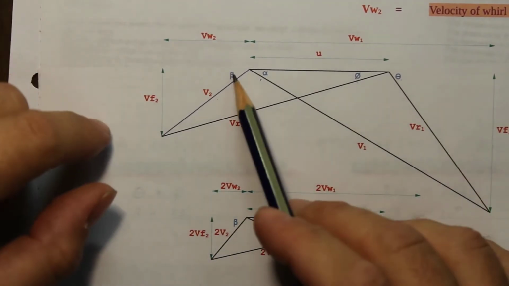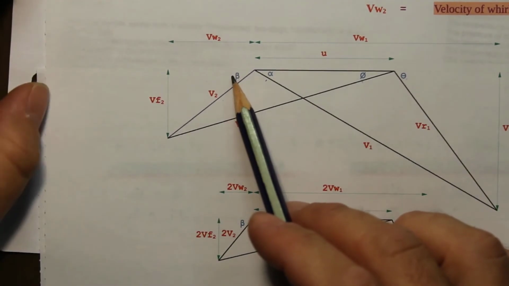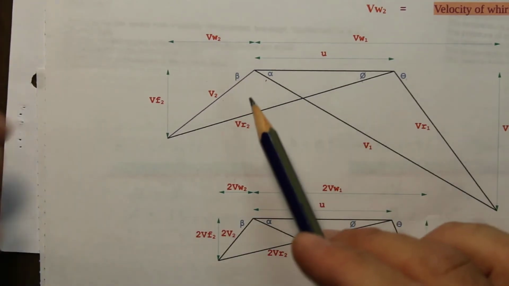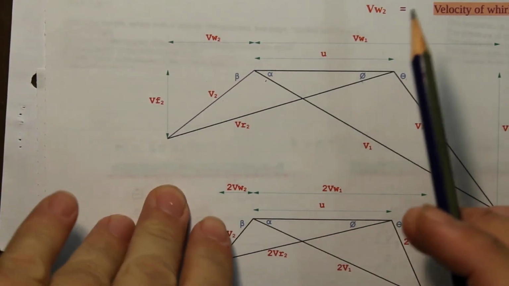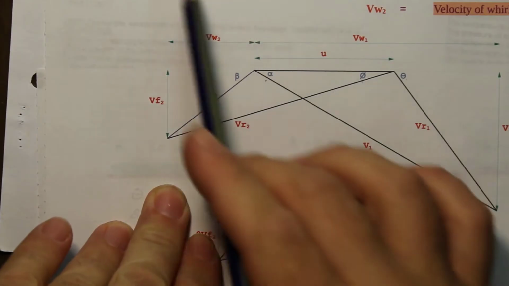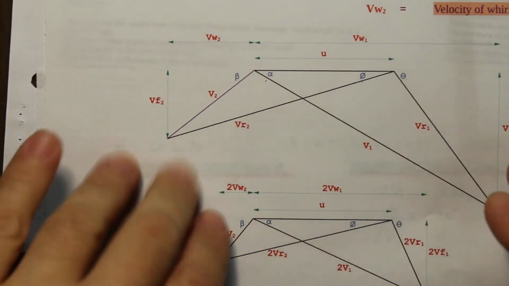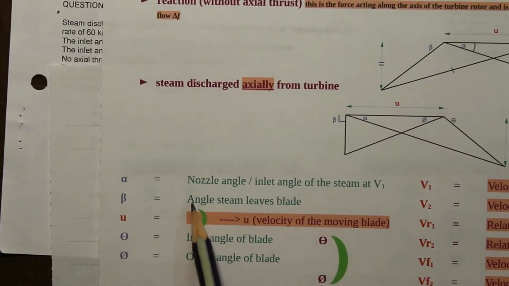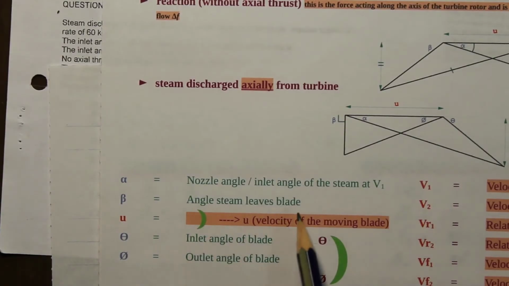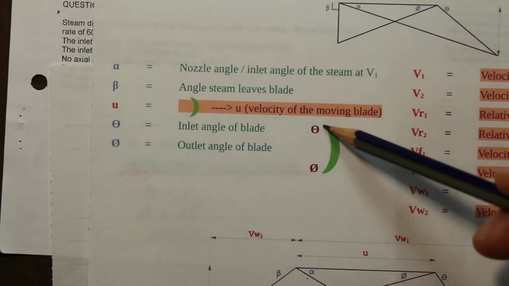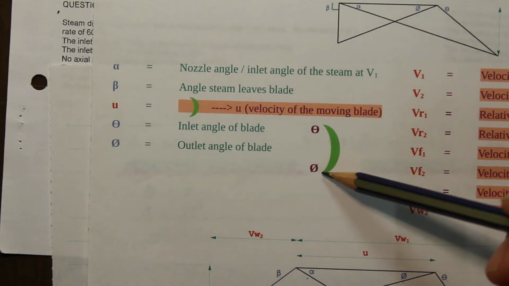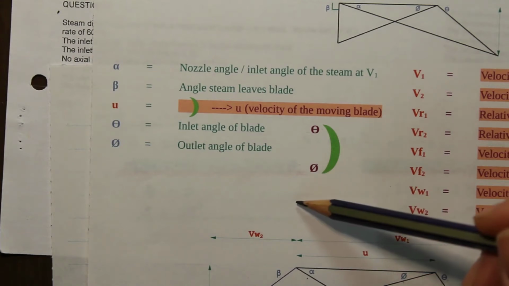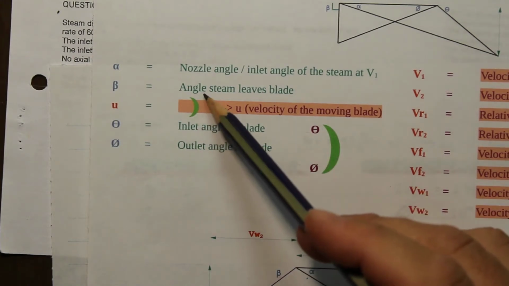It's saying that beta equals 35 degrees. Now, beta, what does it say here? It says that beta is the steam that leaves the blade. So as it moves over the blade, the angle that it leaves the blade is at beta.